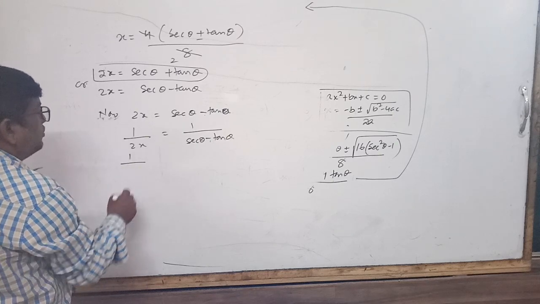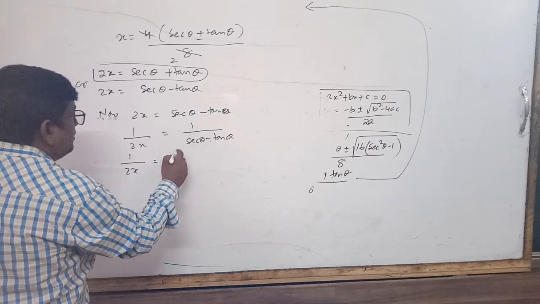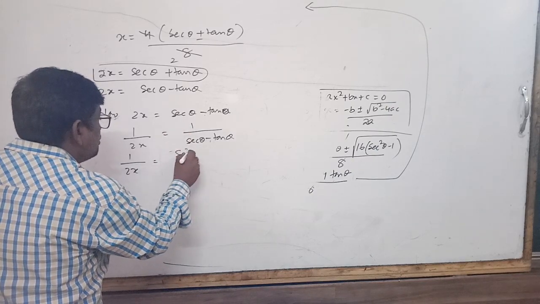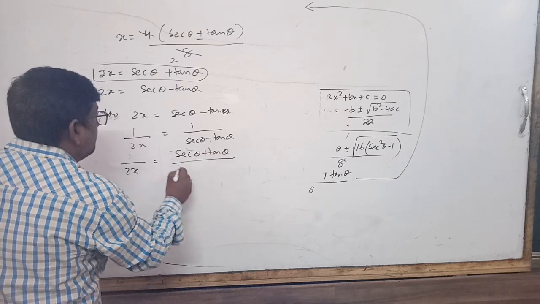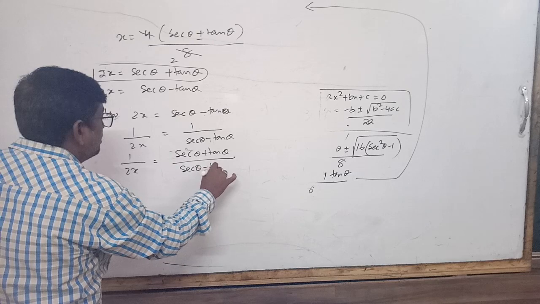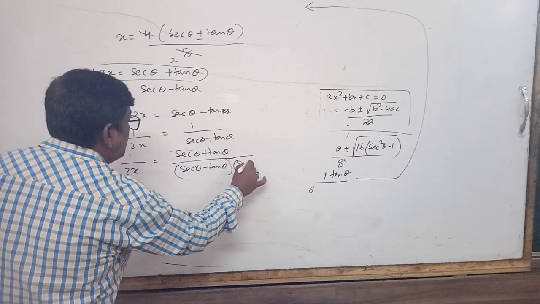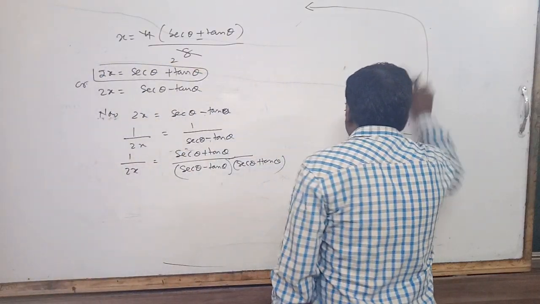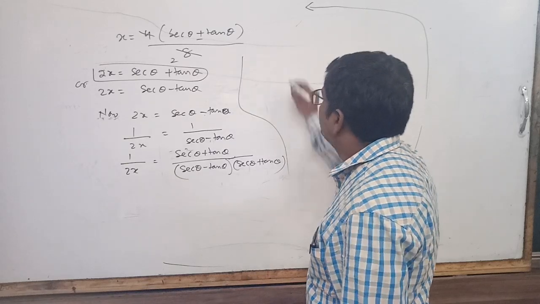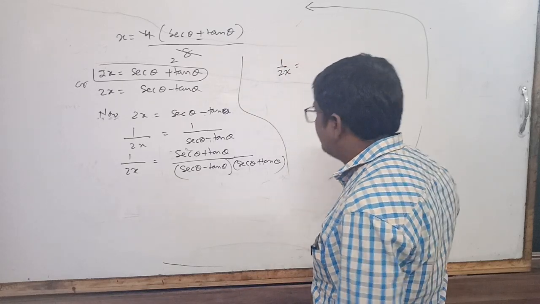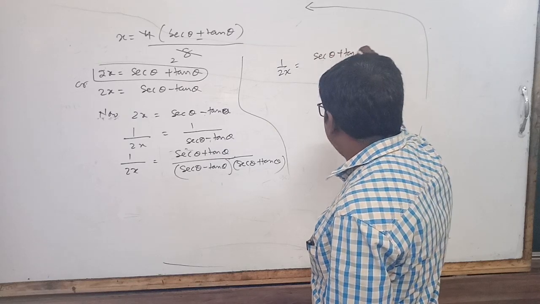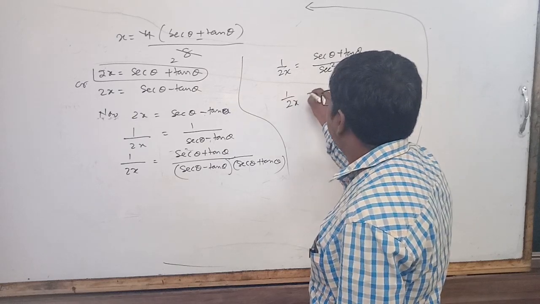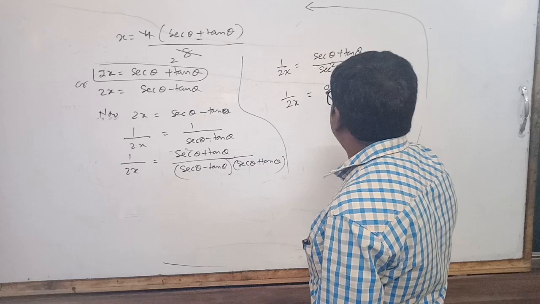1 by 2x is equal to what? Here 1 means sec square theta minus tan square theta, so multiply and divide by sec theta plus tan theta. This is sec theta minus tan theta, and this is sec theta plus tan theta. So 1 by 2x is equal to sec theta plus tan theta divided by sec square theta minus tan square theta, which is obviously sec theta plus tan theta.